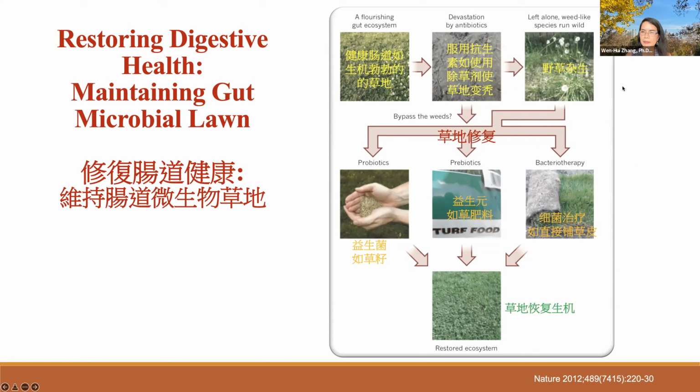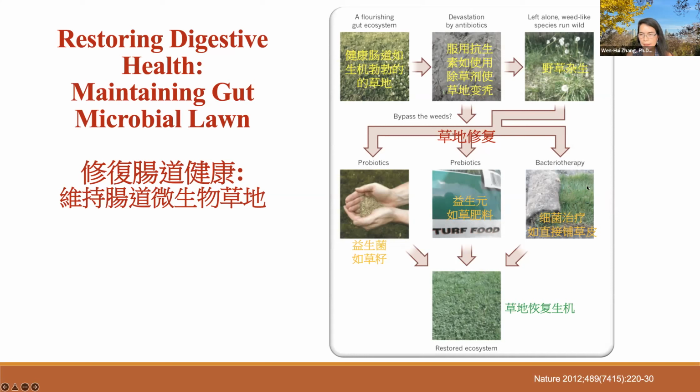When the lawn is bare, weeds can grow. That's just like the bad bacteria. So in order to restore our gut, we need to put in good seeds. That's the beneficial bacteria from probiotics, fermented foods, and prebiotics. It's mostly in the plant-based diet, the dietary fiber.